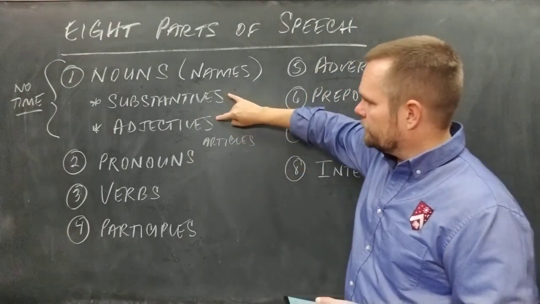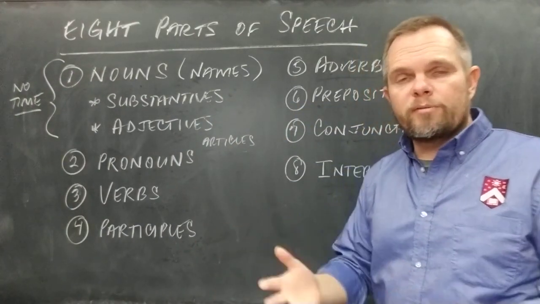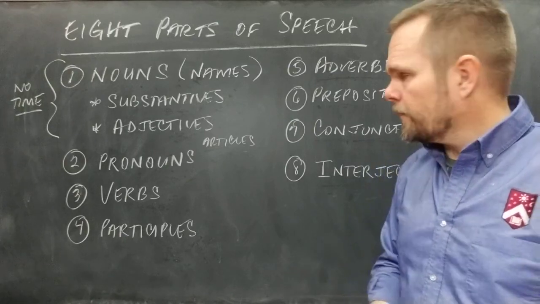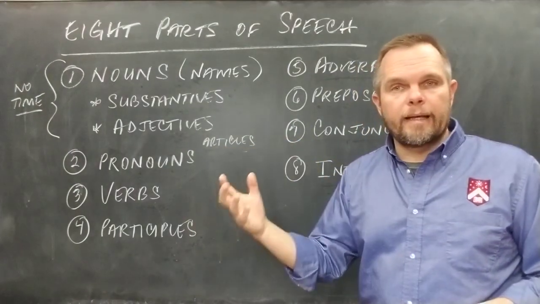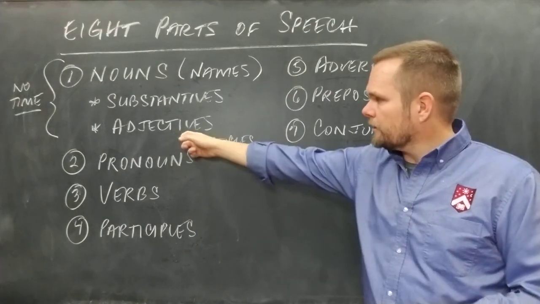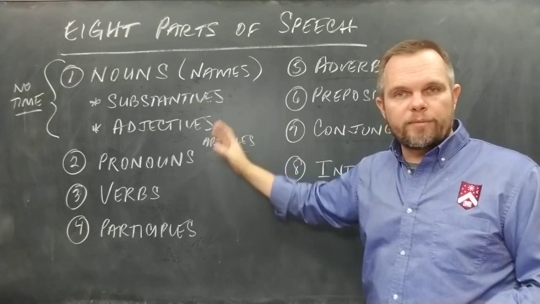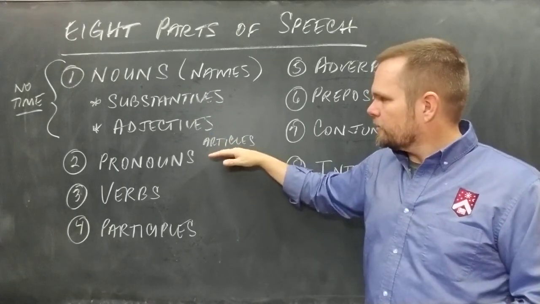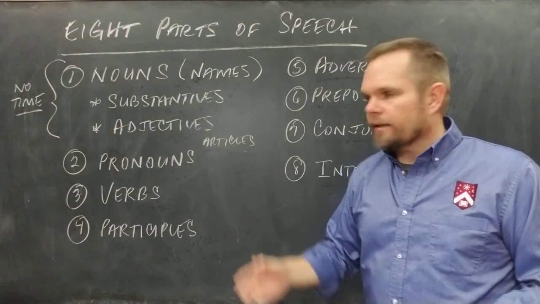Understand that substantives and adjectives are not separate parts of speech. They're 2 different kinds of nouns. Understand how articles, a, an, and the, relate to adjectives and pronouns, and why we can't really place them in one of these classes, but need to make a decision based on which language we're studying as to how we use them.